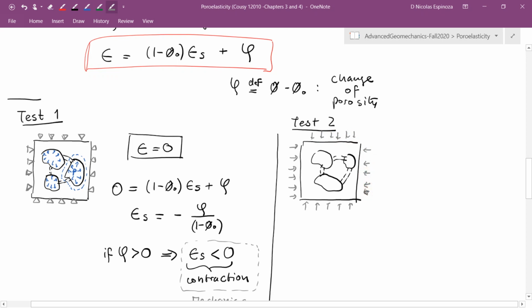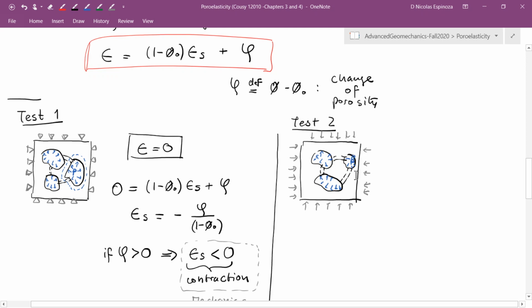But look what I'm going to do. Simultaneously, I'm going also to apply a pressure. And this pressure is going to be such that, let me finish this plot over here. And this plot is getting a little bit difficult.